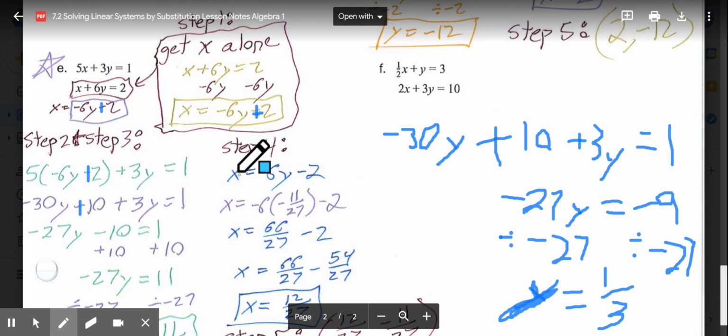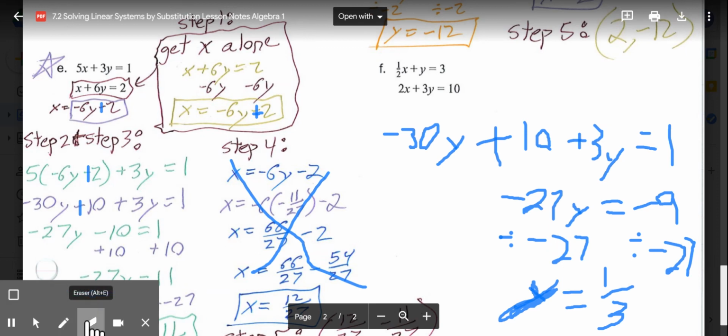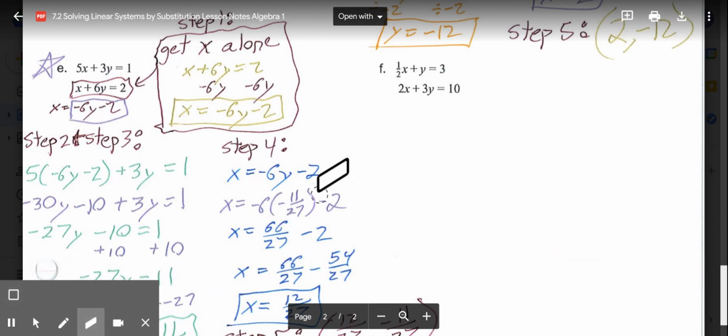So this would be x minus negative 6, and we'd get rid of this answer; instead of that, it would be a negative 6 multiplied by the 1/3 minus 2. So what I need to do there is take my y equals 1/3 and plug it in here.